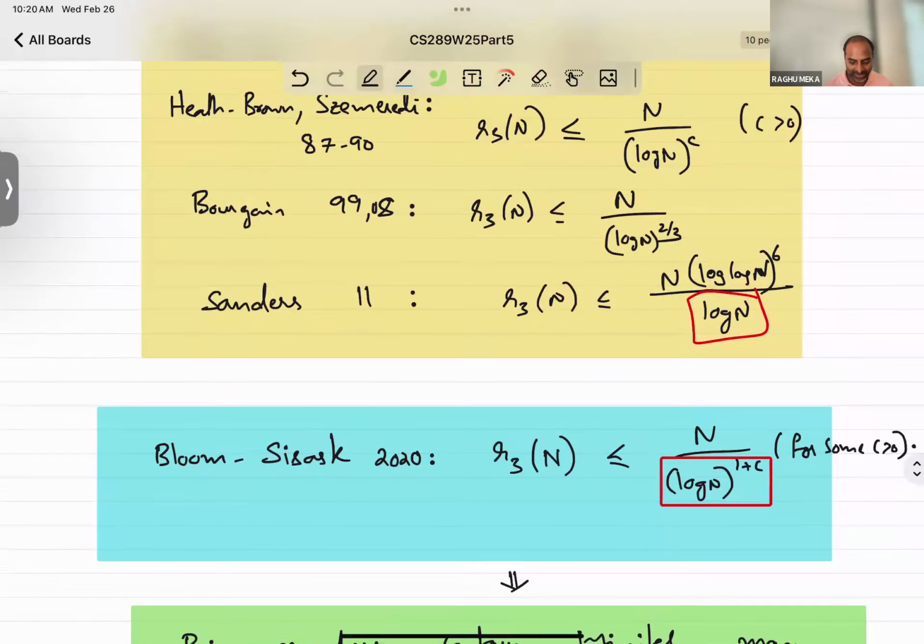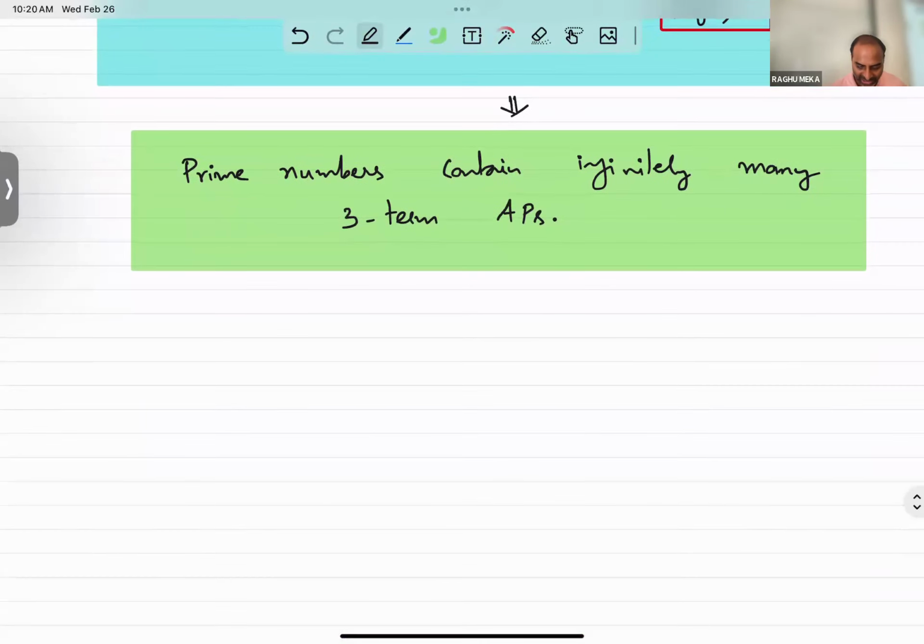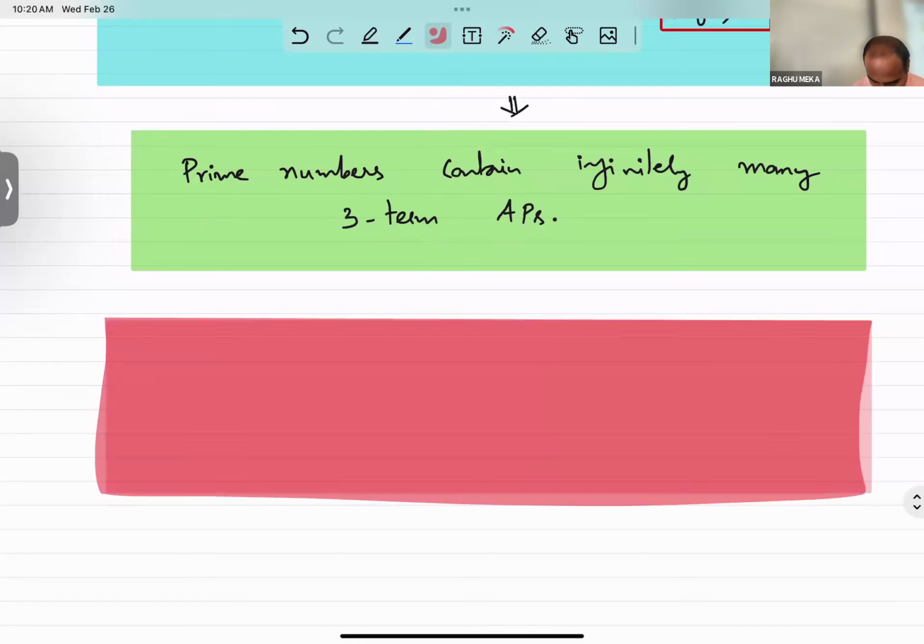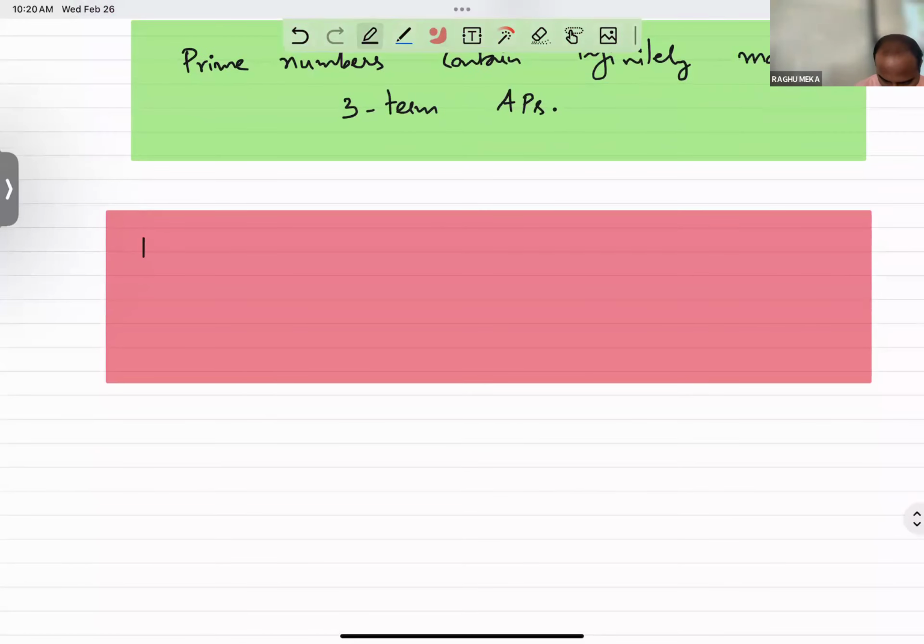And this is how things stood, but there was also this beautiful construction, which I'll talk about, from 1946.